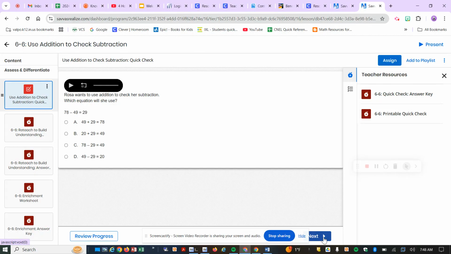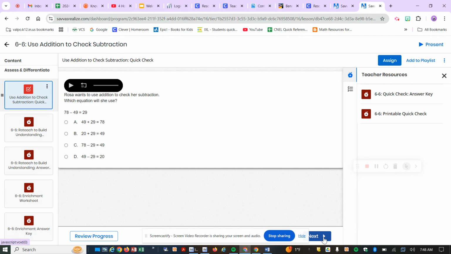Rosa wants to use addition to check her subtraction. Which equation will she use? This is asking us which fact makes sense to check our subtraction problem. The first clue is that fact families use the same 3 numbers. So if the answer, A, B, C, or D, does not have 78, 49, and 29 in it, it's immediately wrong.